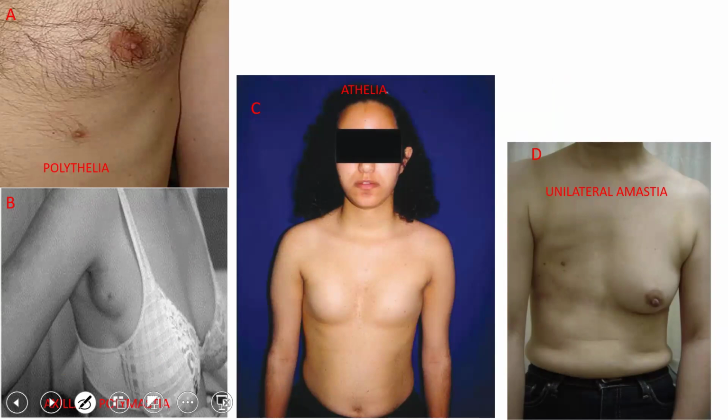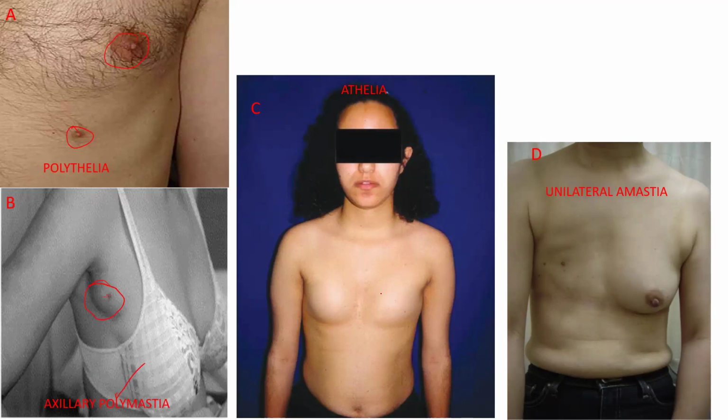Have you been taught development of the mammary glands? Has that been taught? Very good. So the answers are already here. So this is polythelia, accessory nipples. You can see here we have mammary gland within the axilla, so that's axillary polymastia.